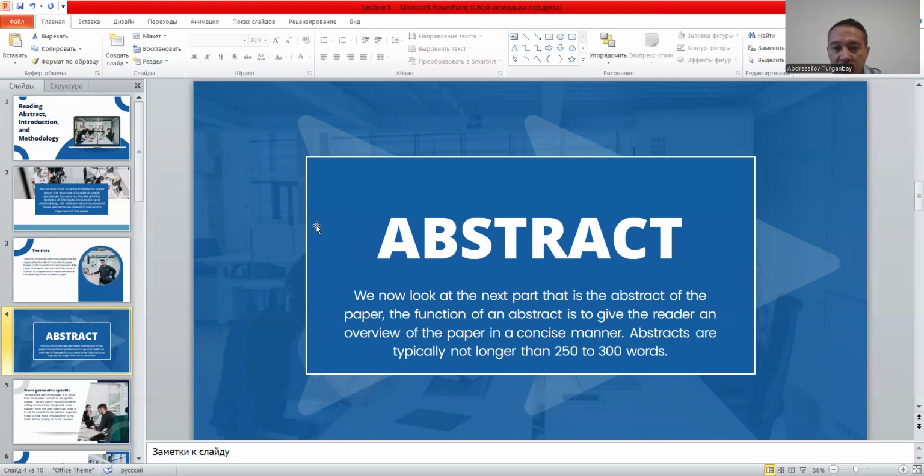This means the abstract is a condensed overview of the paper. It provides brief information about the research in a concise manner. Abstracts are typically not longer than 250 to 300 words, no more.